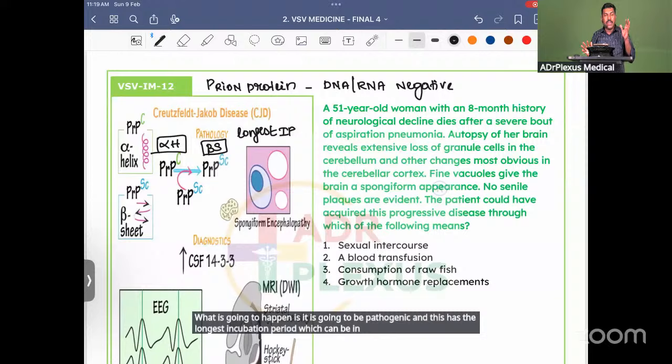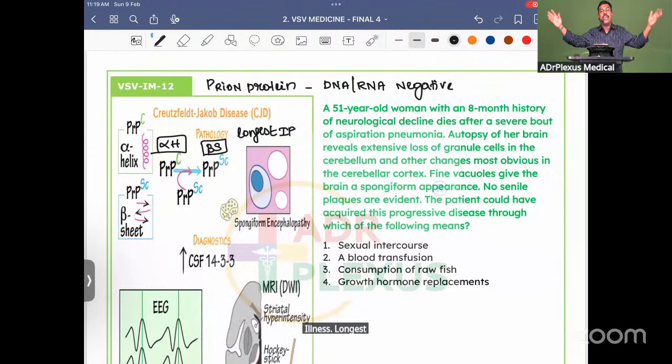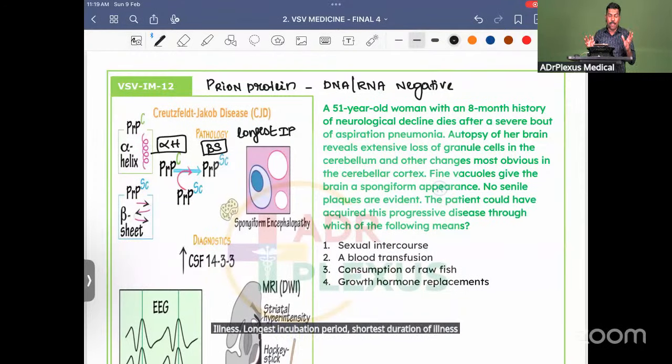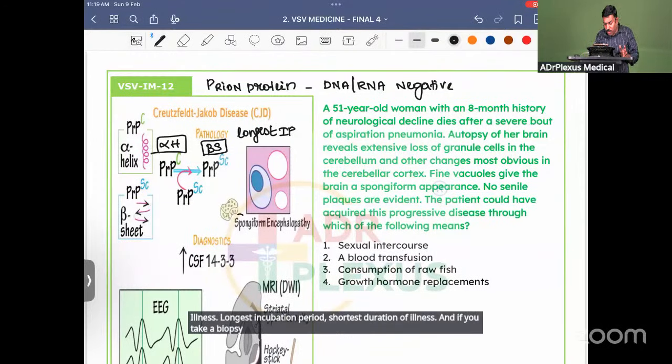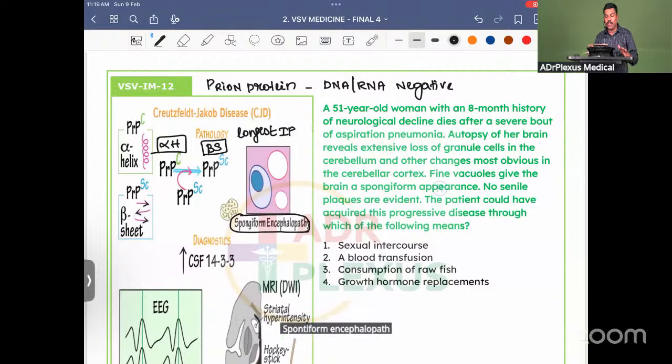Whenever it has the longest incubation period, it has a short duration of illness. Longest incubation period, shortest duration of illness. If you take a biopsy, it is going to show spongiform encephalopathy.